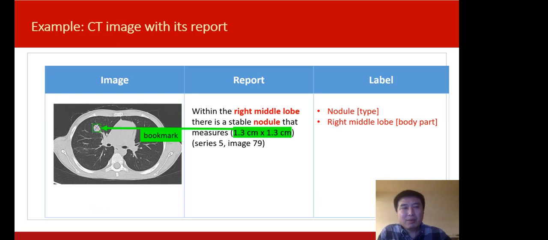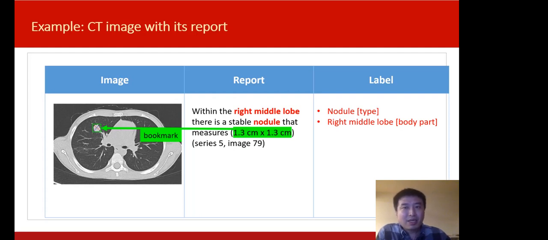From the previous example and many others, we know that the attributes in the radiology reports are also very important. So now the question is how we can utilize NLP techniques to extract those attributes that describe the findings. Let's take a CT image and its report as an example to demonstrate the relation between the report and the image.